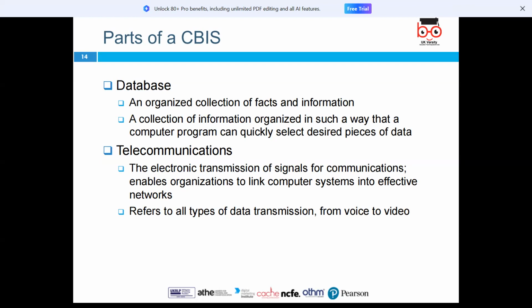And then we have telecommunication, which is the electronic transmission of signals for communication, which will now enable the organization to link computer systems with our network.